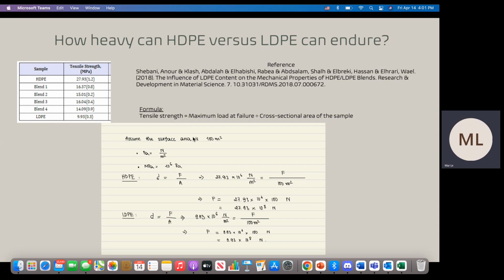If we assume the surface area is 100 square meters, we can estimate the force at the maximum load at failure directly applied on each material, and definitely the force applied on HDPE is going to be much higher compared to the LDPE material.